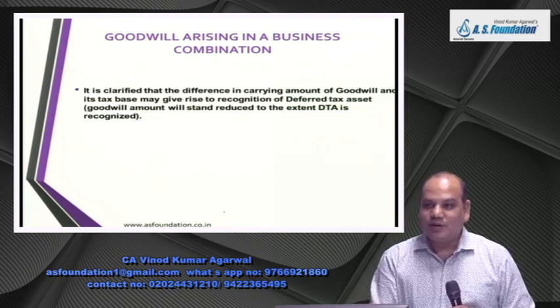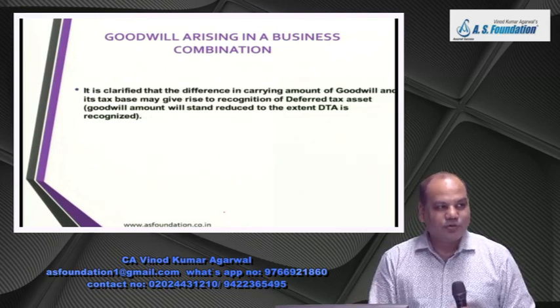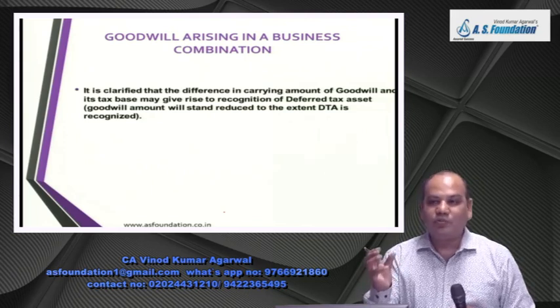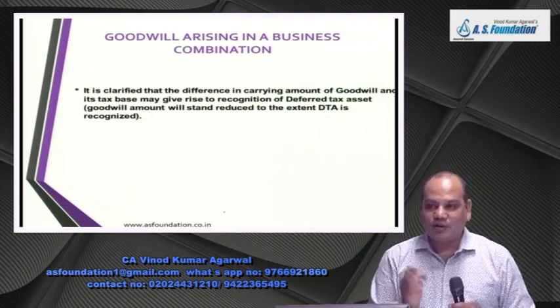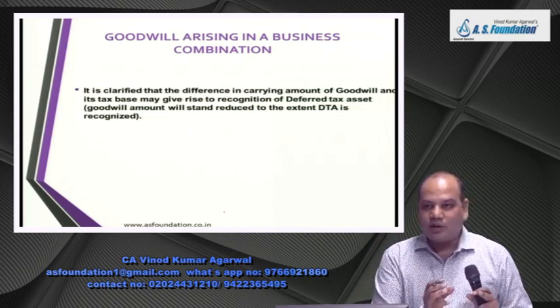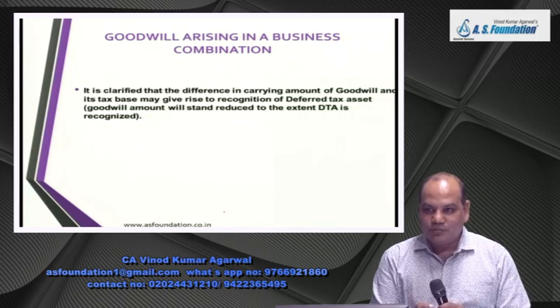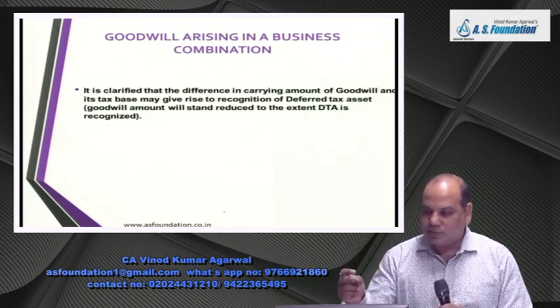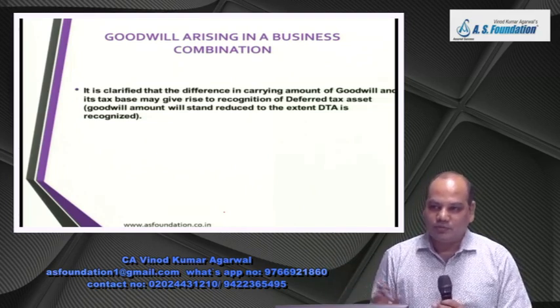If the DTA will change, goodwill will also change. So we'll calculate the DTA to be recognized by using a formula, an equation. Is it right? So that the DTA is equal to the difference between the tax base and the carrying amount.